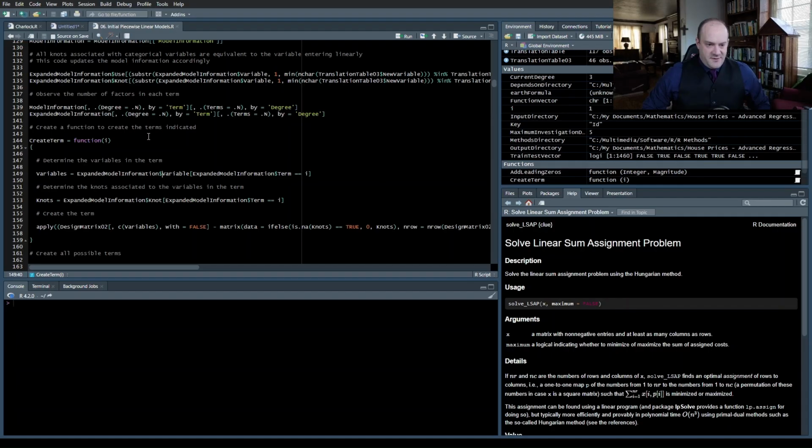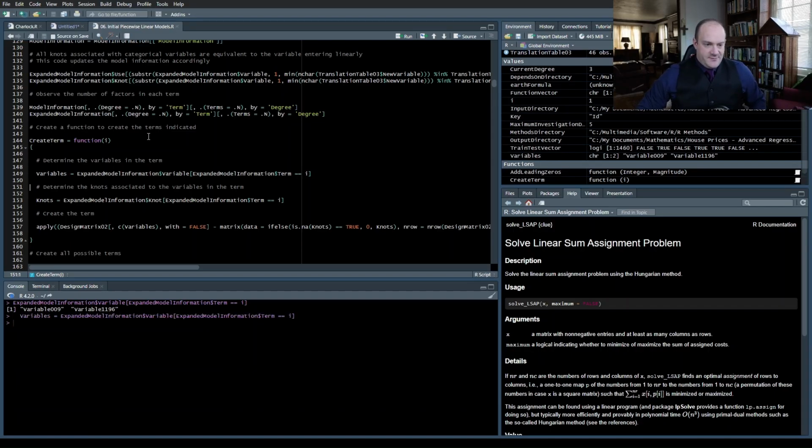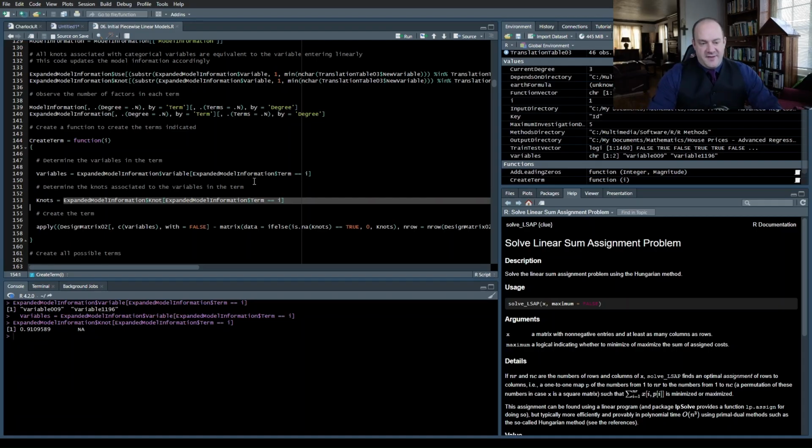And so in the ith term, apparently 2 variables appear. So the ith term, or the first term, is a product of 2 functions. These are the variables. And then we go and see what the knots are. And so the knot on one of them, the minus k part of it, the k is 0.91.